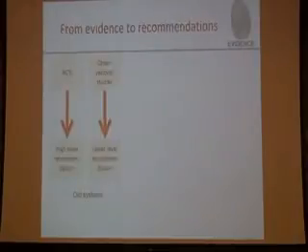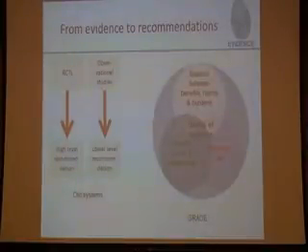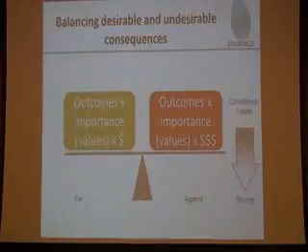Let's finish by looking at what other components we consider. After the evidence, we also take into account values and preferences, resource use, and all the rest. And they get into the balance. Some considerations are for, some are against.